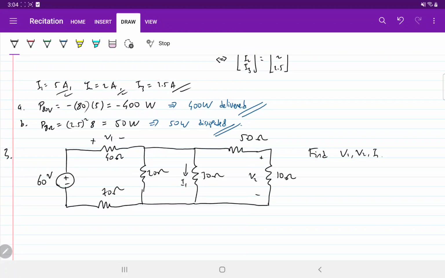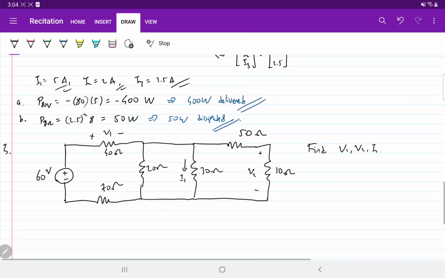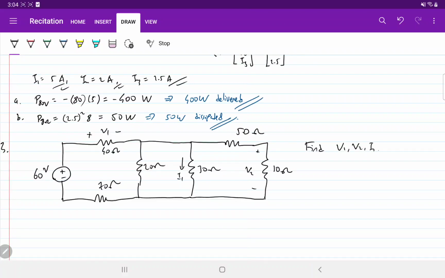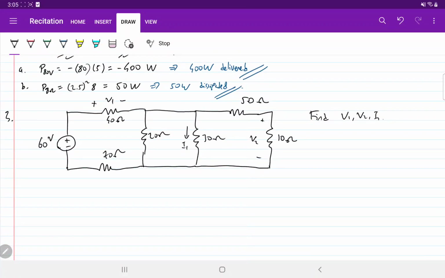Without using the node voltage technique or the mesh current technique. So here we will be exploring different techniques to solve this circuit, and the new technique, different from the node voltage or the mesh current, is the voltage division and current division.